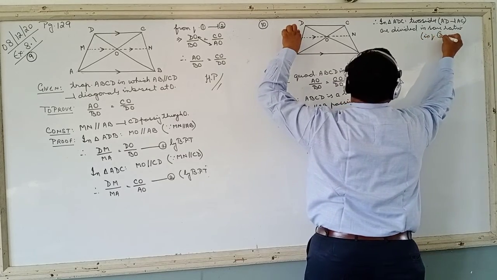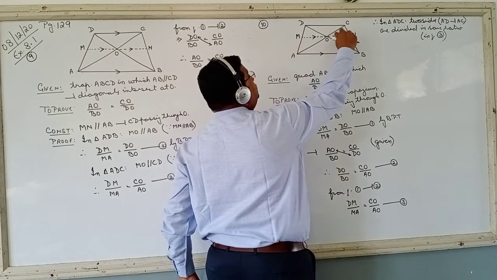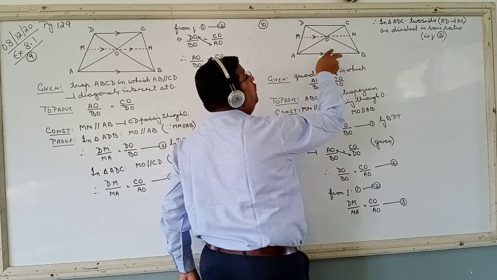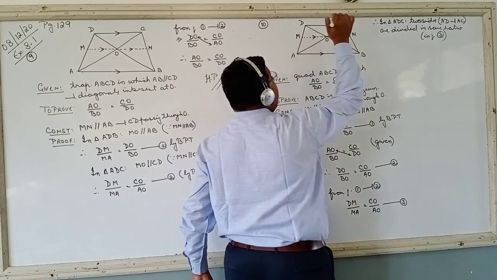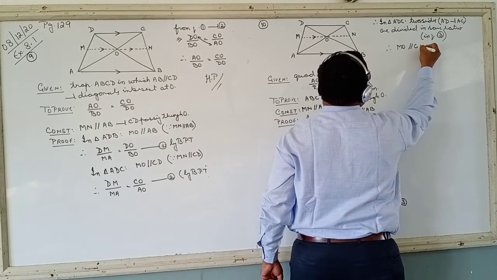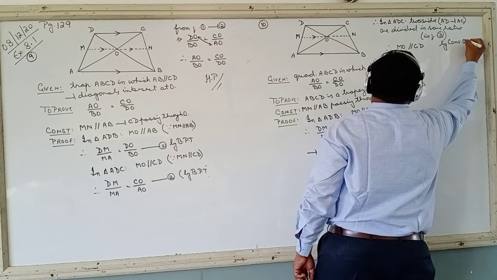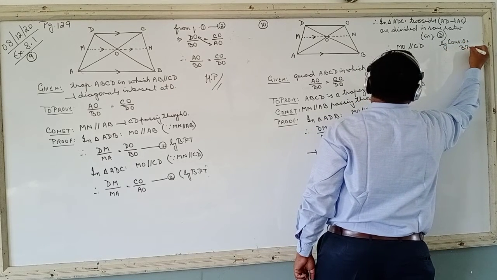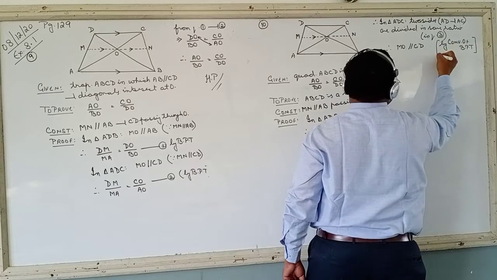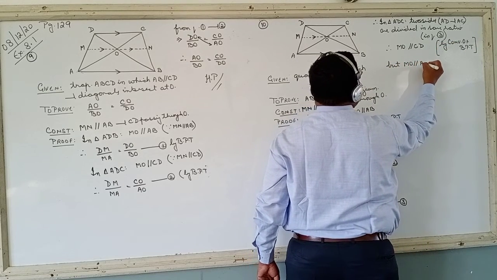In equation number 3. Can you see that equation number 3? DM upon MA is equal to CO upon AO. Therefore, the line is parallel to the third side. So therefore, MO is parallel to CD by converse of BPT.